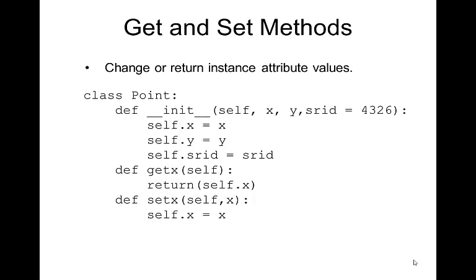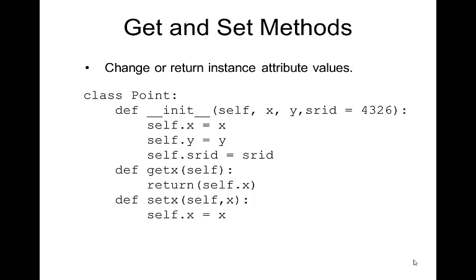We could check that it doesn't exceed the acceptable bounds for, say, WGS84. So check that the latitude, the y, is between minus 90 and plus 90, and that the x is between minus 180 and plus 180. But we'd have to code that as part of the definition here.